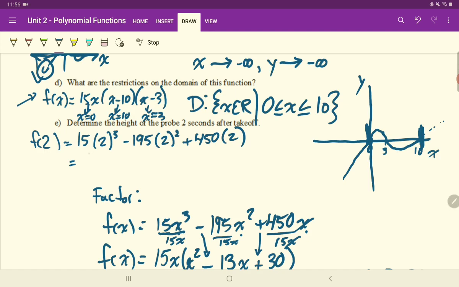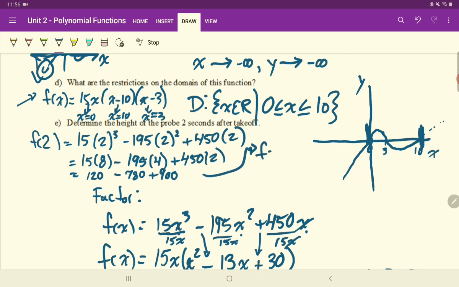So 2 cubed is 8. I'll just do all my steps here. I'll do 15 times 8 minus 195 times 4 plus 450 times 2. Well, 15 times 8 is 120, minus 195 times 4 is 780, and then plus 900.